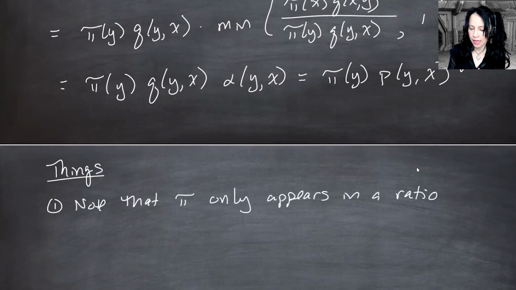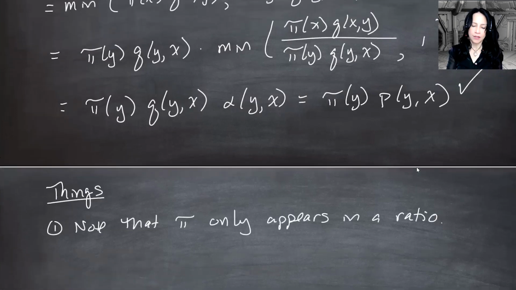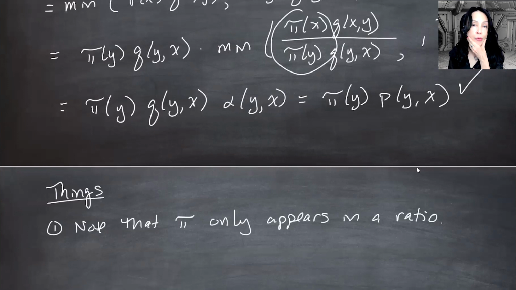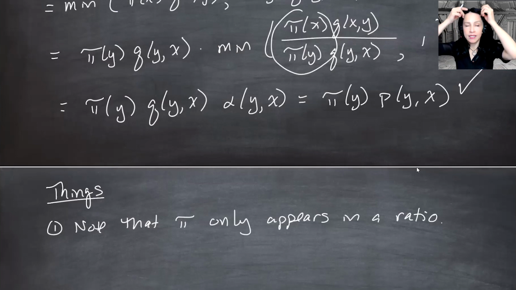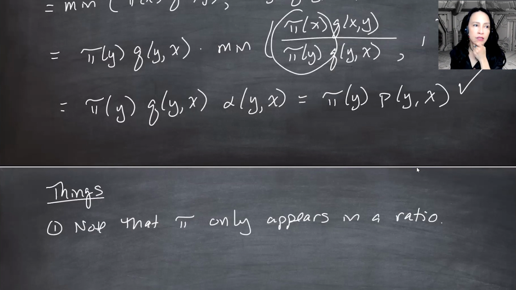And that means that you could be missing constants of proportionality and still run this algorithm. And that is a very useful property in a lot of cases. If you know about Bayesian statistics, you definitely see this a lot.